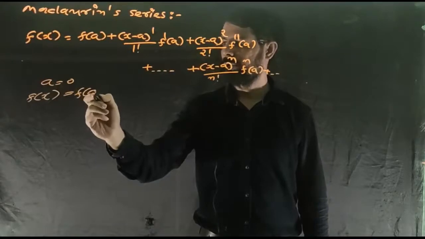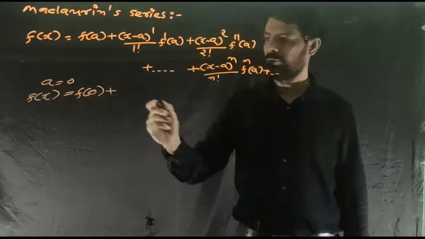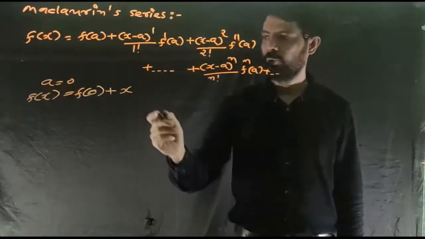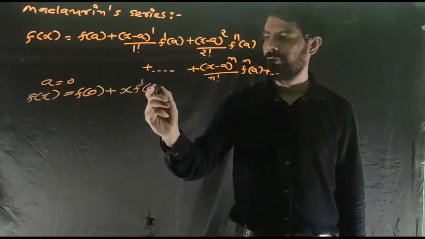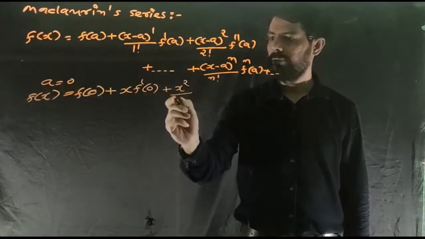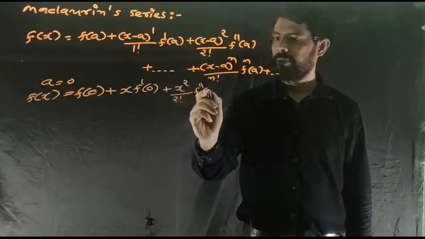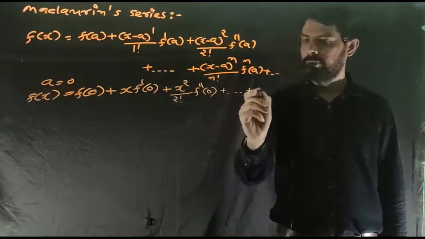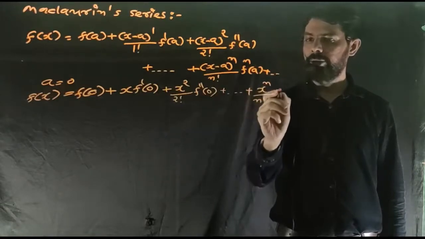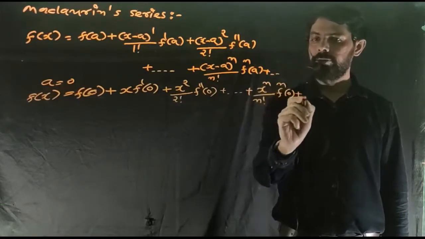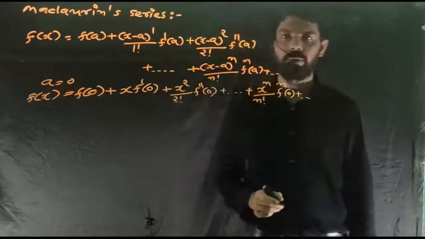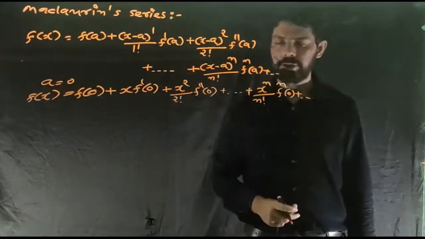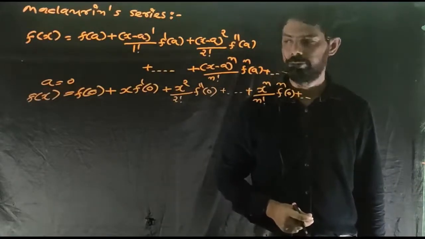So here f of x is equal to f of 0 plus x minus 0, that is x, divided by 1 factorial, and value of 1 factorial is 1, so no need to write down. x into f dash 0 plus x square divided by 2 factorial f double dash 0 plus so on plus x raised to n divided by n factorial fn 0 plus so on. So this is Maclaurin series, and using Maclaurin series we can express function in ascending powers of x.